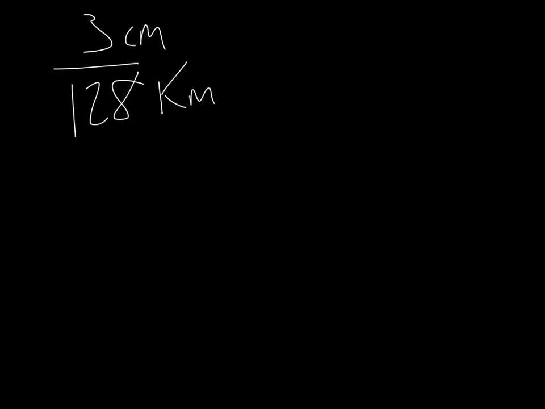So we need to set up a proportion here, and it's just like what we did before. If we know how far the distance is between Hialeah and Tampa, we're going to set up a proportion.